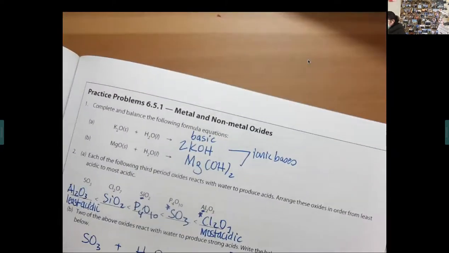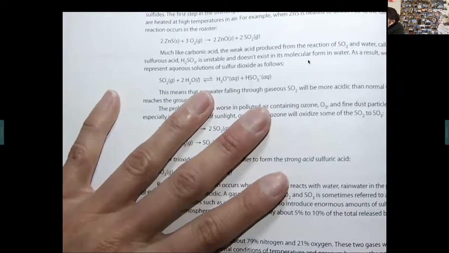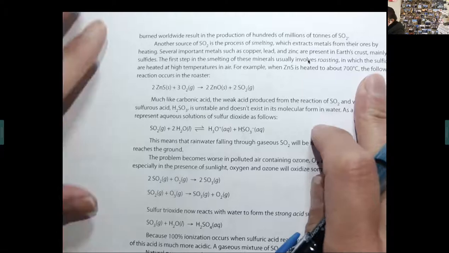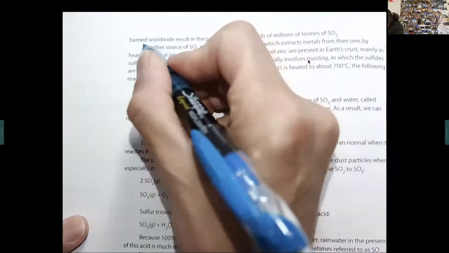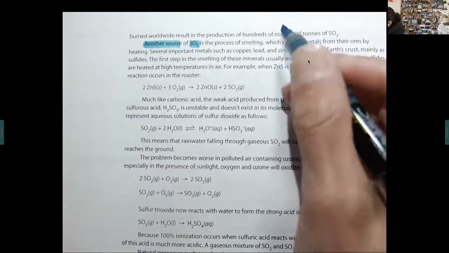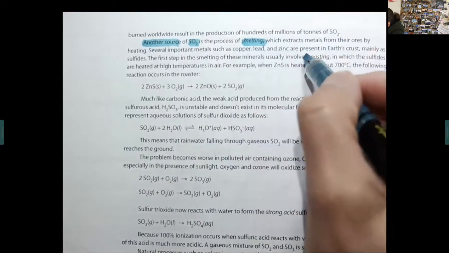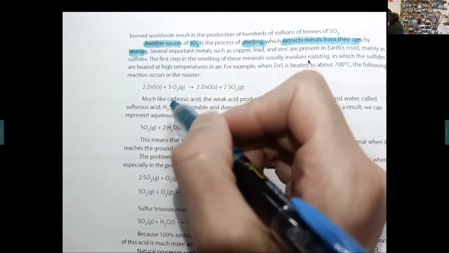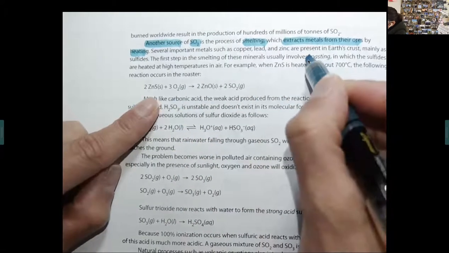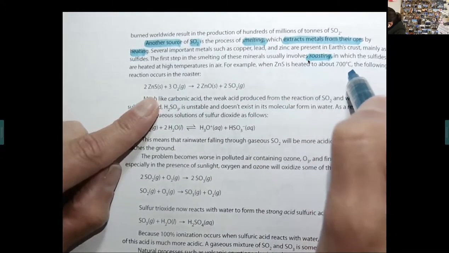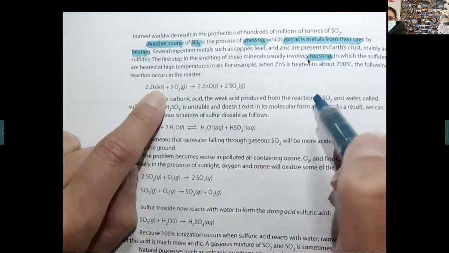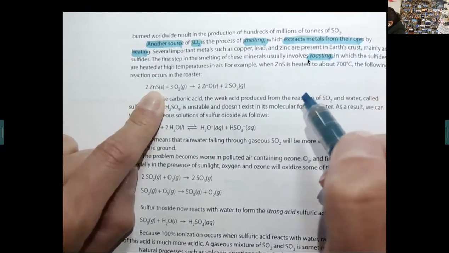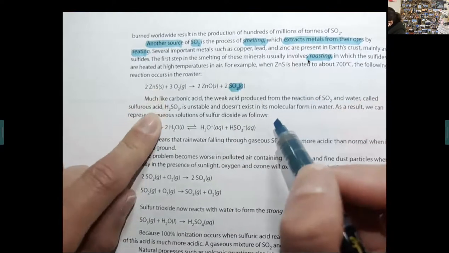So if you take a look at the next page, here, another source of SO2, a non-metal oxide, would be something called smelting, where they extract metals from ores by heating them. The first step is usually going to involve roasting, and that's where the sulfide containing compound is heated to really high temperatures in air. You're going to end up getting sulfur dioxide.